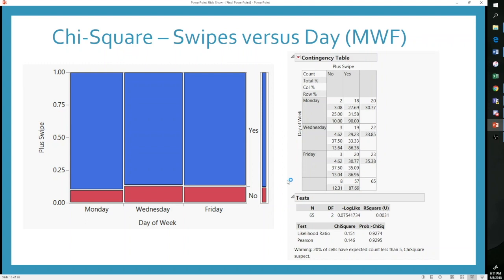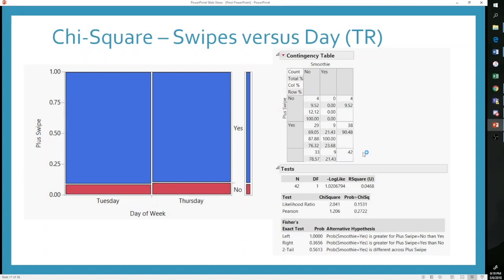Finally, we have the swipes versus day, Monday, Wednesday, Friday, and as you can see, the probability of chi-square is 0.9295, which strongly indicates that there's no difference between swipe on each day, Monday, Wednesday, Friday, which we can see by the graphs. And again, we can see that for Tuesday, Thursday there is no difference, with the graph and the p-value.